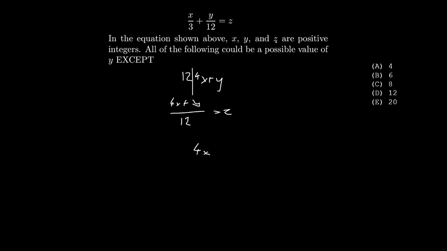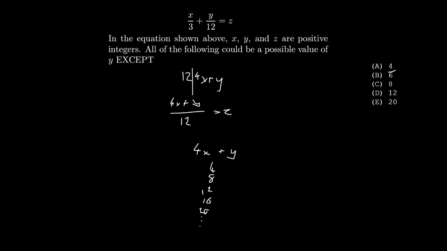So x is a positive integer, so the value of 4x could be 4, 8, 12, 16, 20, etc. And we have to add y to get some number that is divisible by 12.